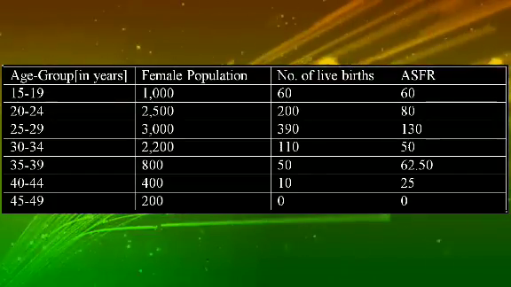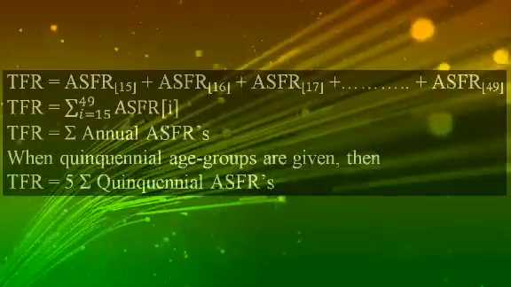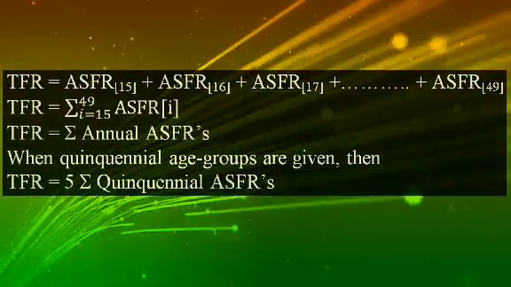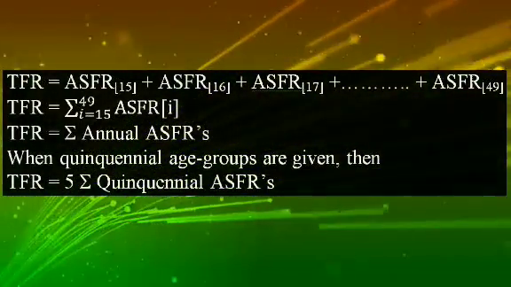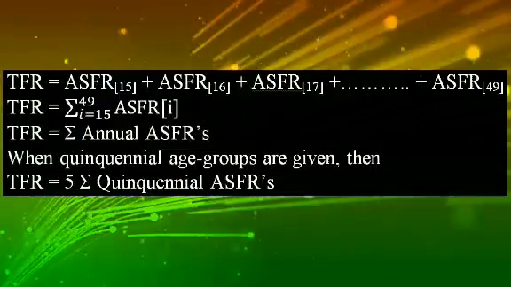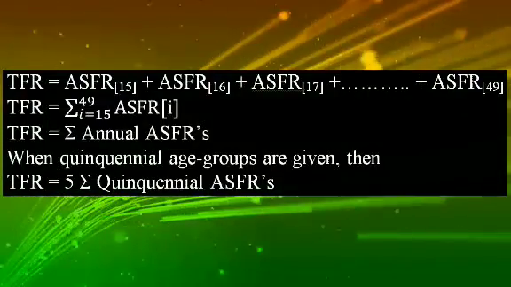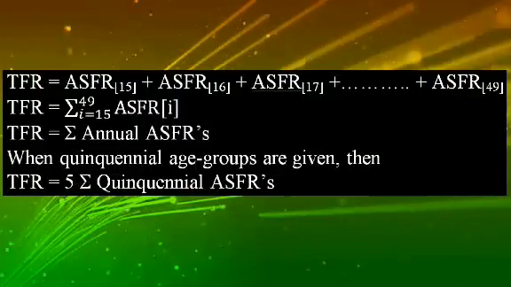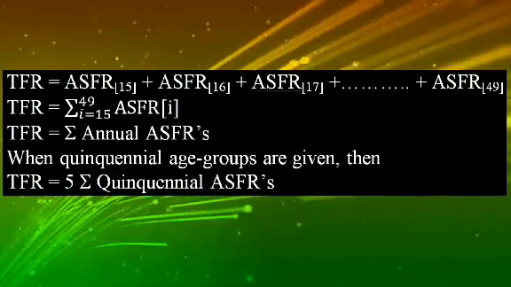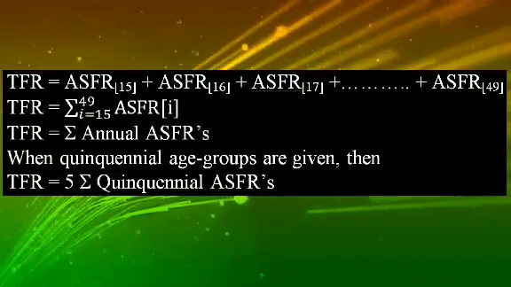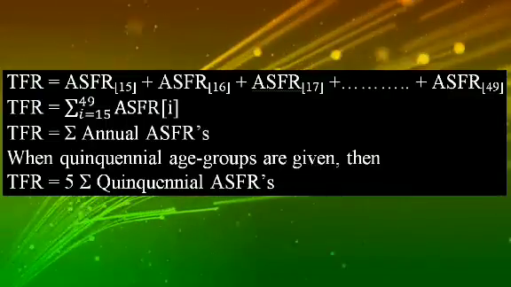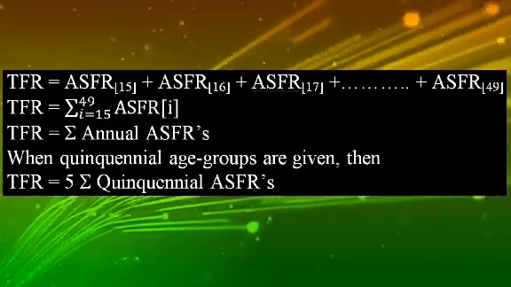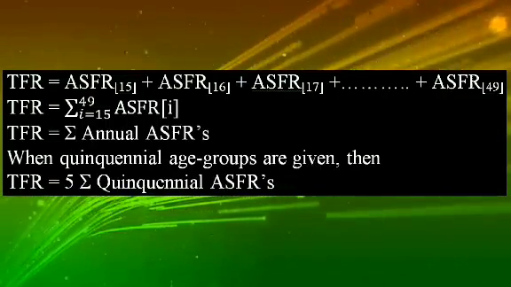So, there are two different formulas for computing total fertility rate. Again, the formula is chosen based on the age groups. Here, if the width of the class interval is 5, in that case the formula has to be multiplied by 5, or else the sum of ASFR will be taken as TFR.